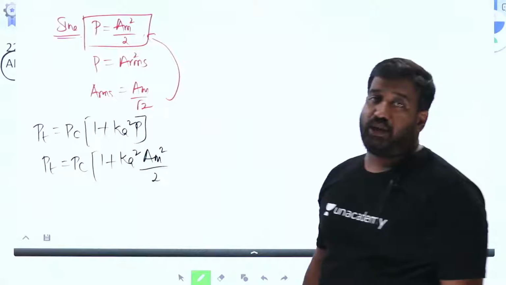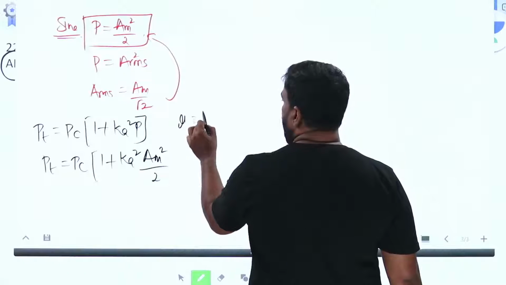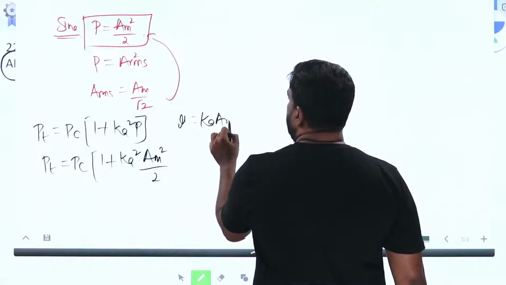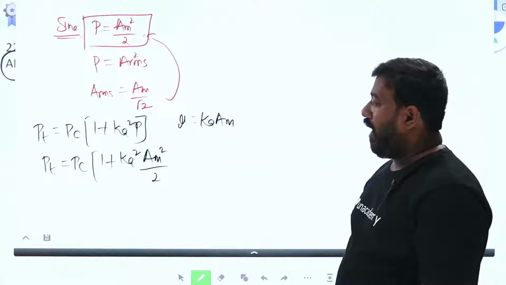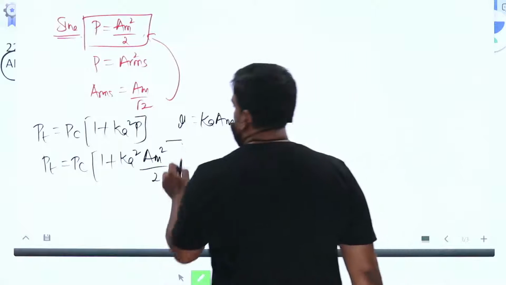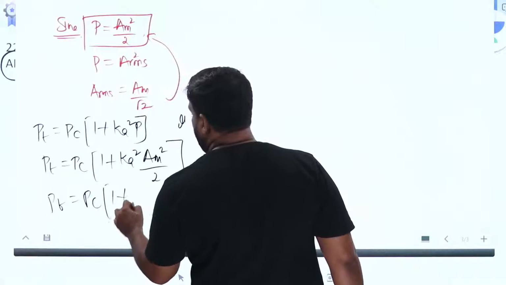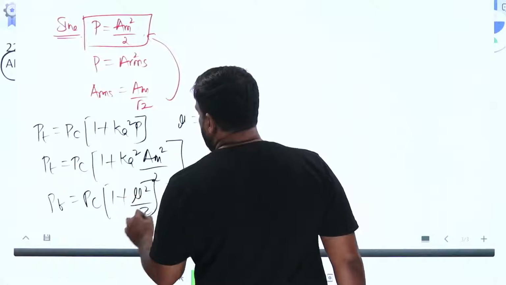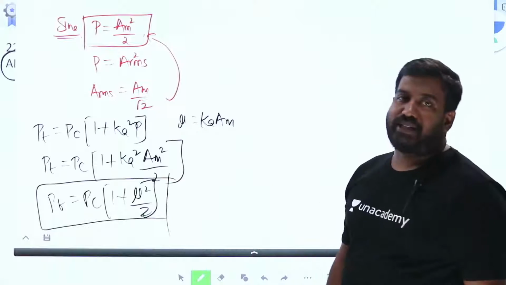But we know Ka into Am is mu, the modulation index. So Ka square Am square is mu square. Substituting, you get total power for sinusoidal input PT is equal to PC into 1 plus mu square by 2. This is the general formula for sinusoidal input.